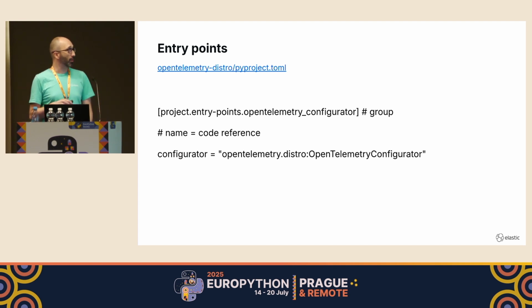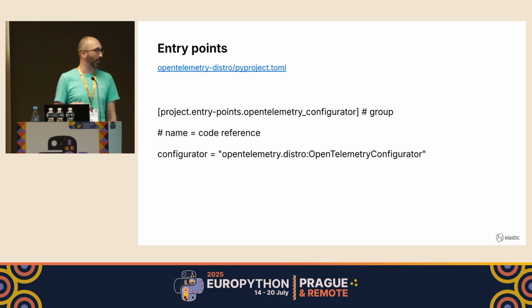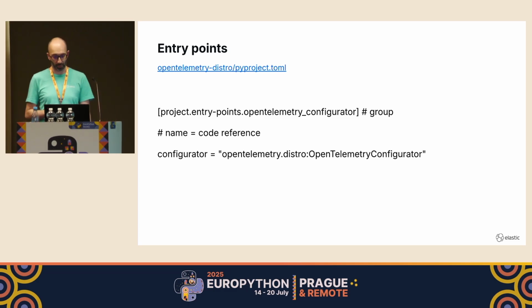In the pyproject.toml file, we define what is called a group, in this case opentelemetry_configurator. And then we define a name, in this case configurator, and a code reference. The code reference is just a reference to some code, in this case the OpenTelemetry configurator, a class, inside the OpenTelemetry distro module.